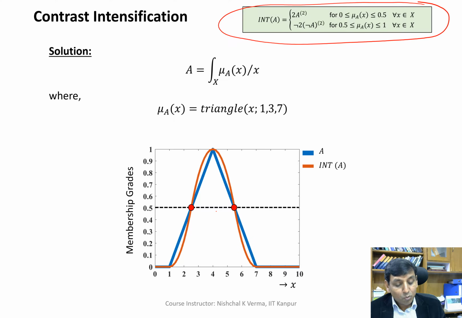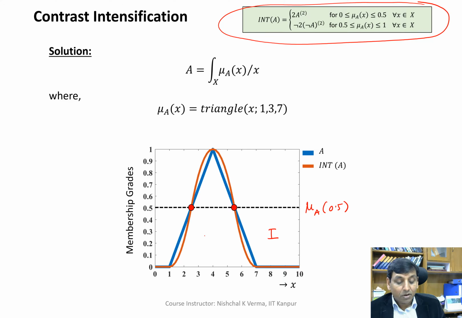below the 0.5 line, where mu of A is equal to 0.5, in zone 1 the fuzziness is getting reduced because the membership values of the corresponding generic variables are getting reduced.